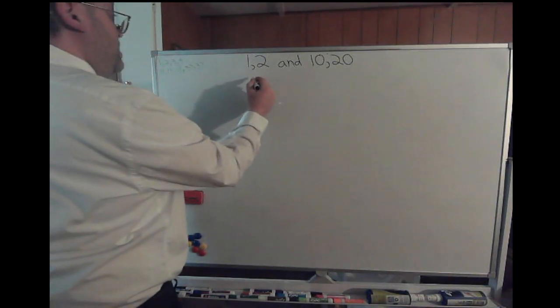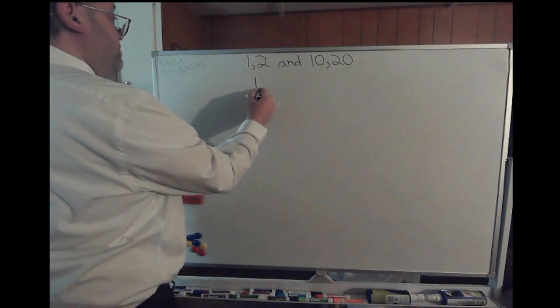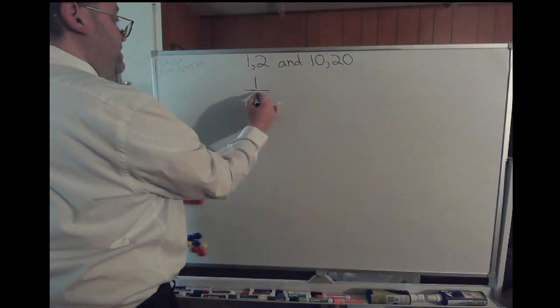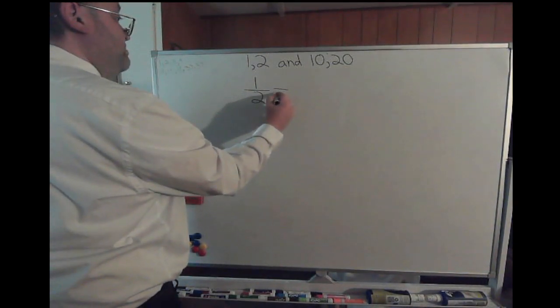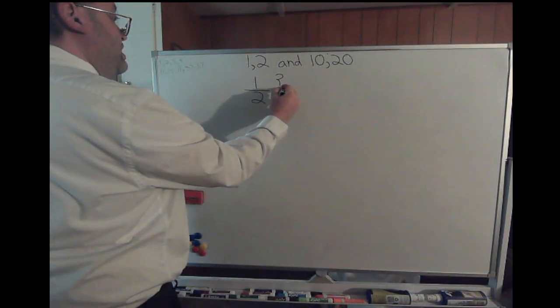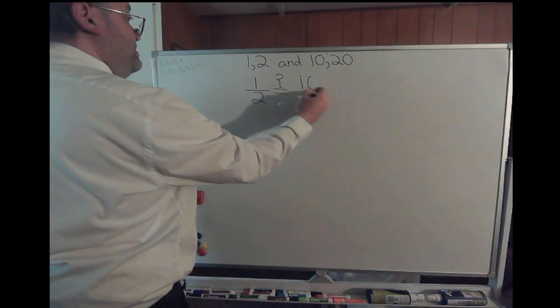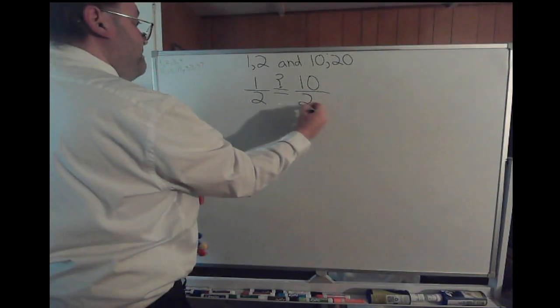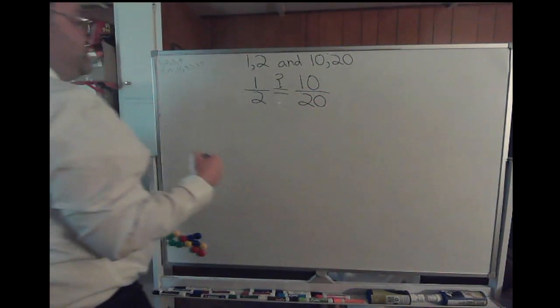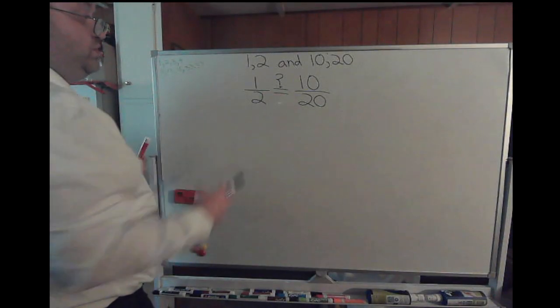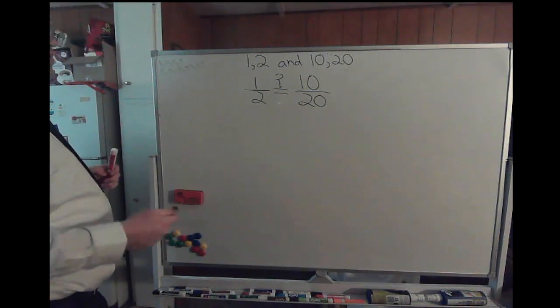Well, the numerator in the first pair would be 1, and the denominator would be 2. In the second pair, the numerator would be 10, the denominator would be 20. So is 1/2 proportional to 10/20ths, or is it equal to 10/20ths?